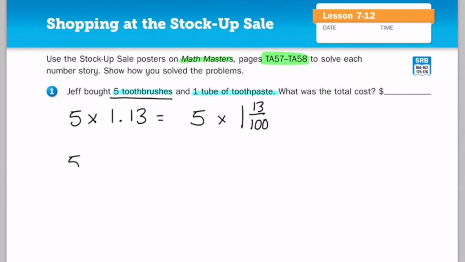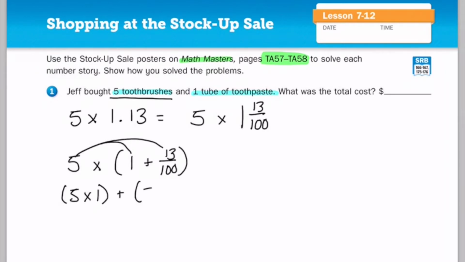So it's going to be 5 times 1 plus 13/100. So then I'm going to do 5 times 1, and then plus 5 times 13/100.